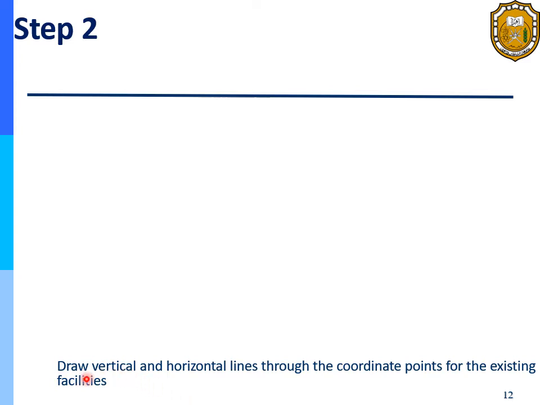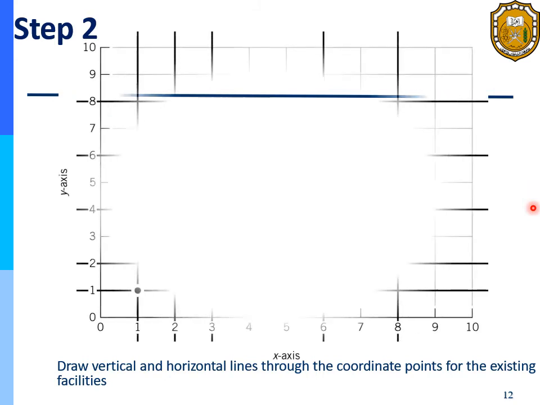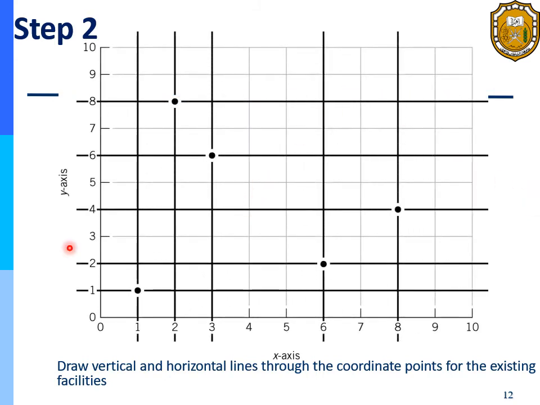Okay, the second step of the procedure is to draw vertical and horizontal lines through the coordinate points for the existing facilities. Let's see what it looks like. Remember, our first facility was at coordinate 1, 1, and we are sketching a vertical and a horizontal line passing through this coordinate.